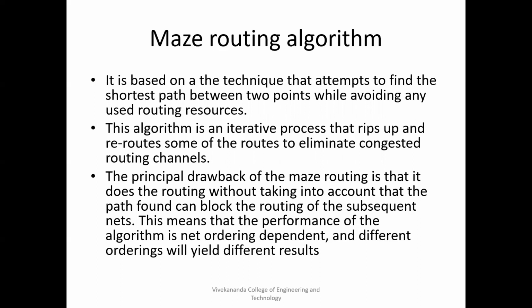The job of the router is to find the best or the shortest connection between the nodes. Again, it can be an iterative process, as I said, rip up and reroute, and it has to be routed such that there is a shortest path, and it eliminates conflicts in the routing.